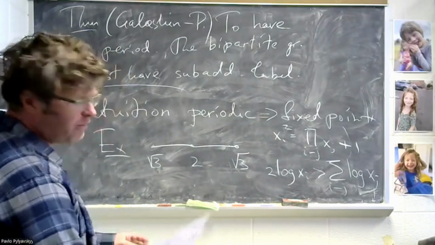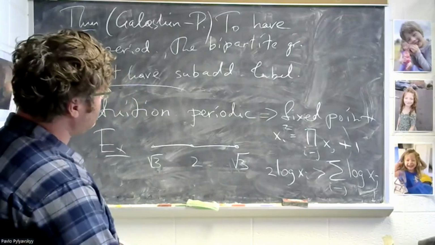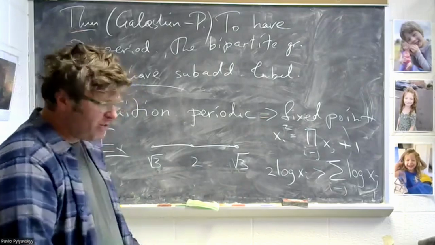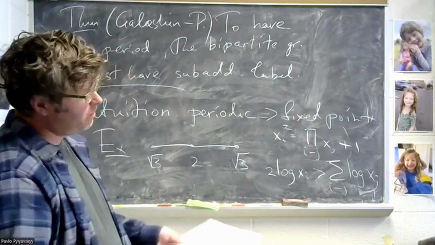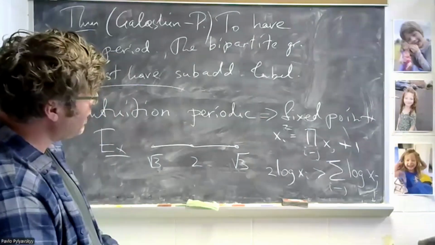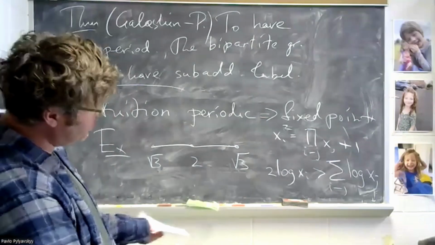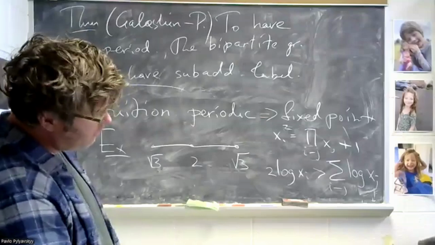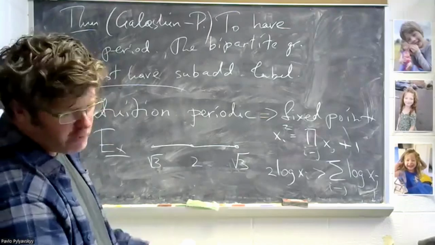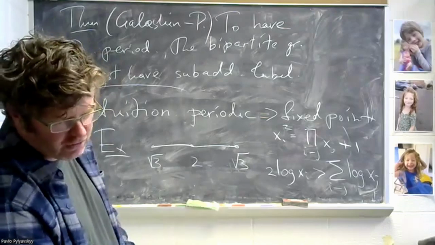Now, why do we care about this? In some sense, you could say we reduced one problem nobody knows the answer to, to another problem nobody knows the answer to. We were looking for graphs where something is periodic, and now we are looking for graphs which have some labeling. God knows which graphs have this labeling.